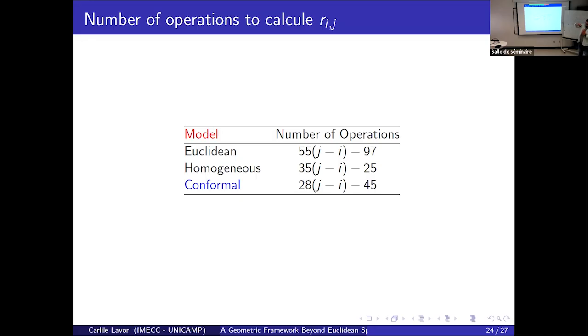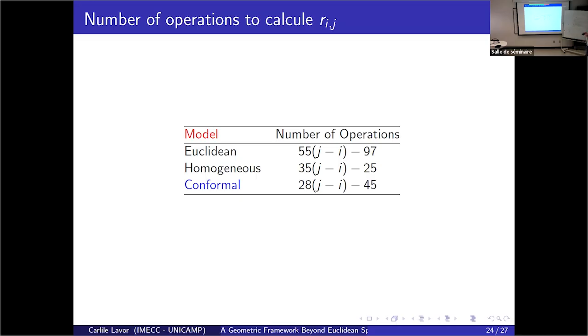For example, in molecular dynamics, when you have to calculate the energy of a molecule in all of the movement, you have to calculate interatomic distance billions of times in each movement. So each improvement is important. Yeah.